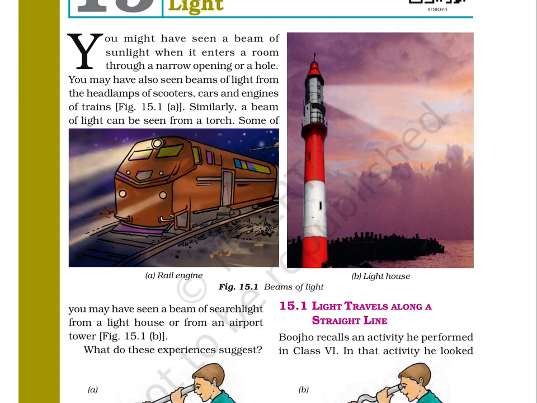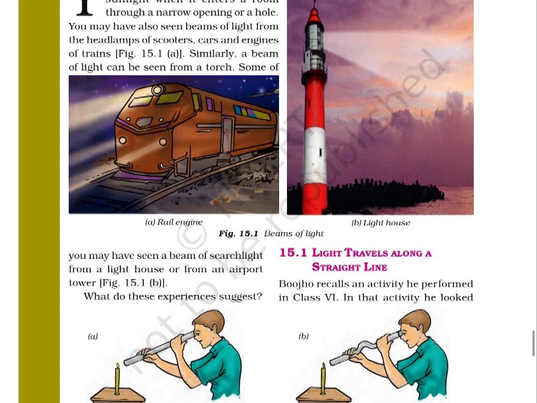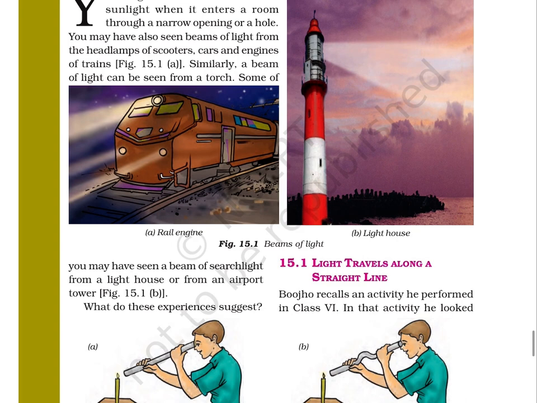You can observe this in figure 15.1a. Similarly, a beam of light can be observed from a torch. Some of you may have observed a beam of searchlight from a lighthouse or from an airport tower. You can observe this in figure 15.1b.